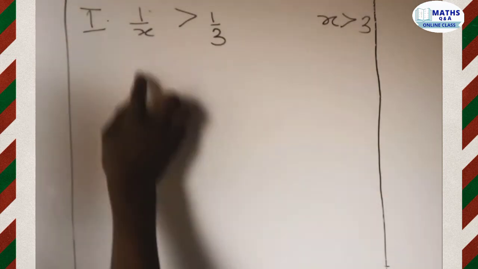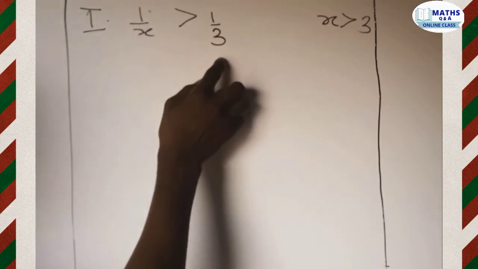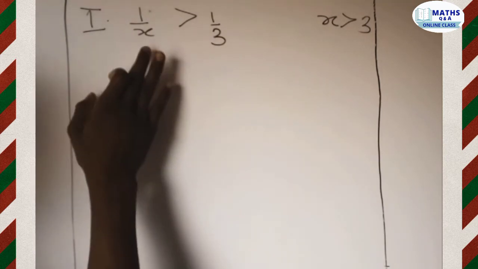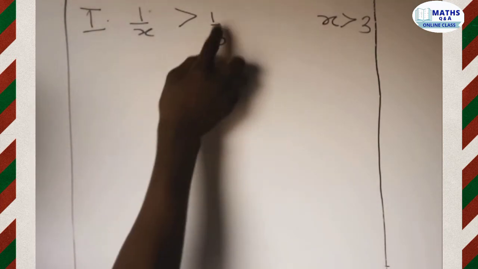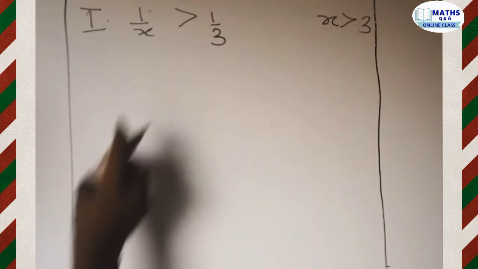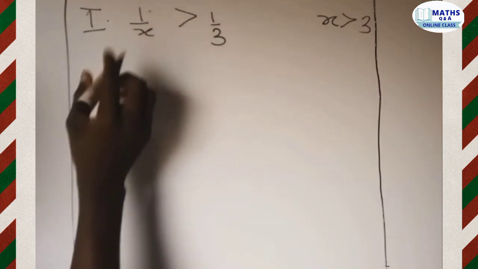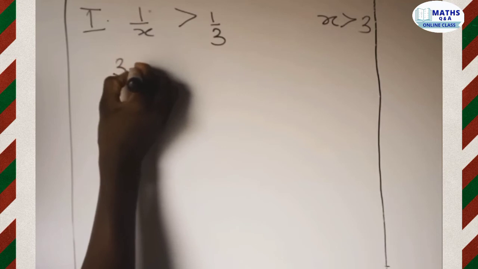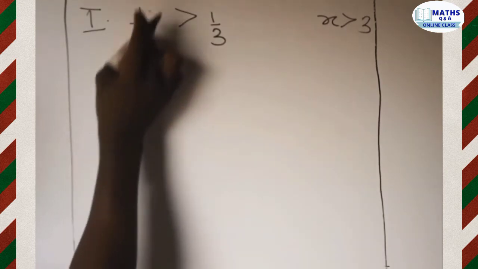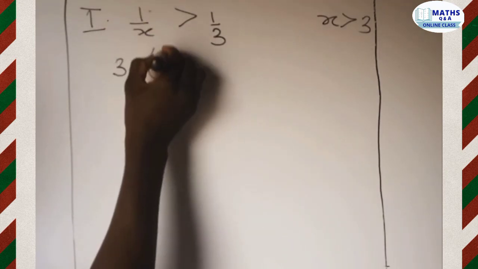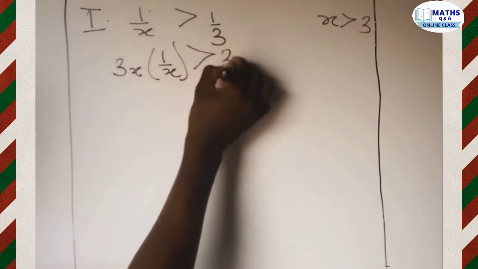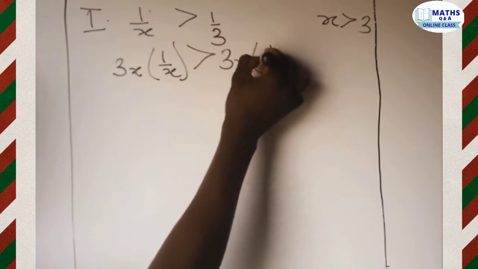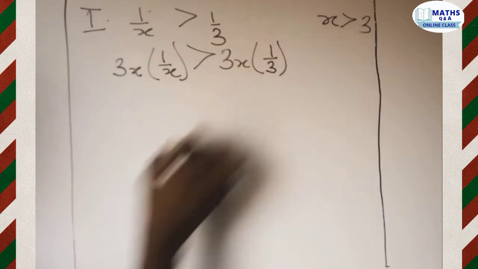Considering this one, we have to find the LCM. The LCM for x and 3 is 3x. So we multiply the LCM by each term, since it is in inequality form. We have 3x multiplied by 1 divided by x, greater than 3x multiplied by 1 divided by 3.